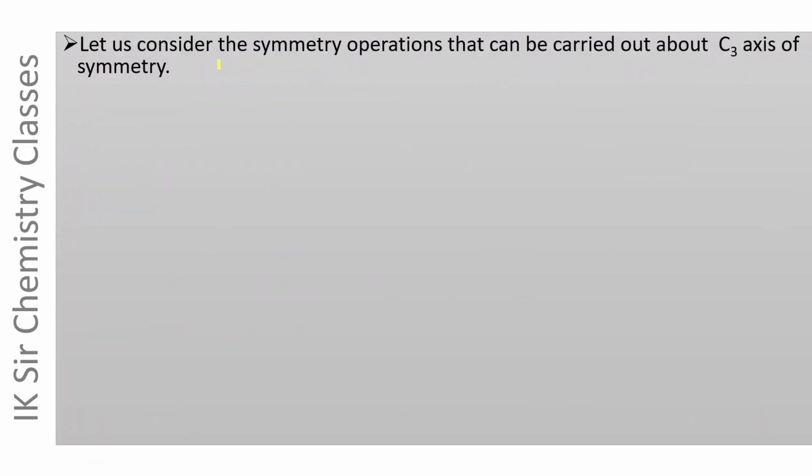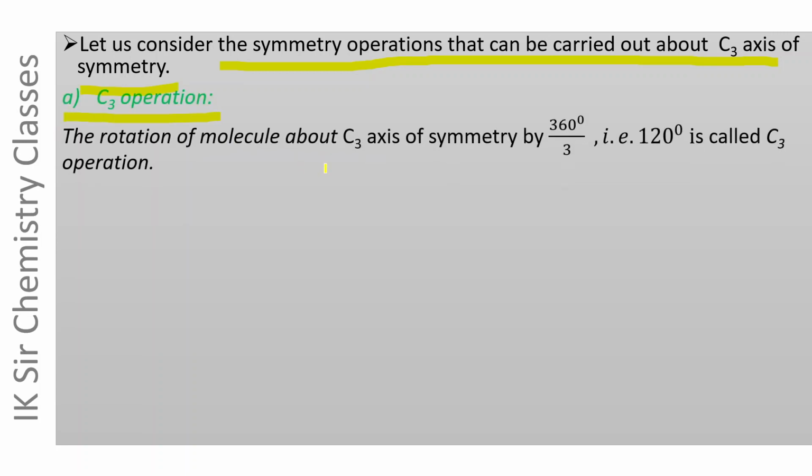Now let us consider the symmetry operations that can be carried out about C3 axis of symmetry. C3 operation. The rotation of molecule about C3 axis of symmetry by 360 degree by 3, that is 120 degree, is called C3 operation. C3 squared operation means C3 operation carried out twice.